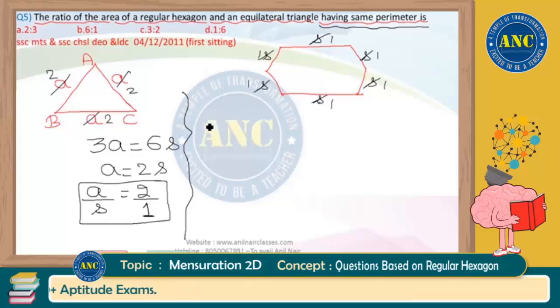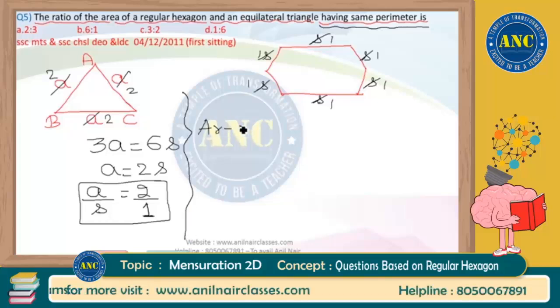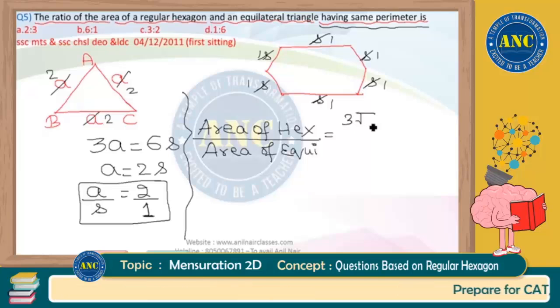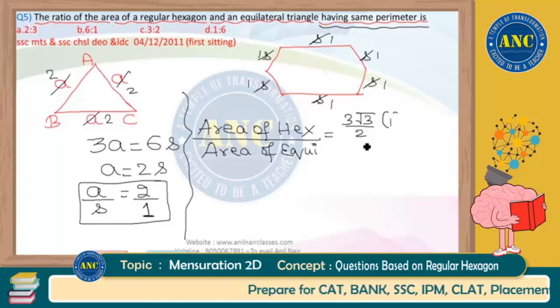What is the actual question? What is it that they are asking you? Area of the regular hexagon in ratio with the area of the equilateral triangle. This is what they are asking you in the question. Area of a regular hexagon is 3 root 3 by 2 into a squared, and the side value is 1 squared.